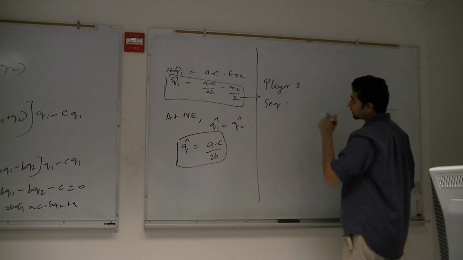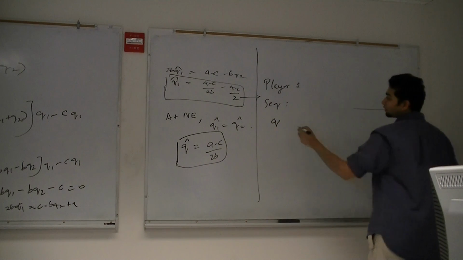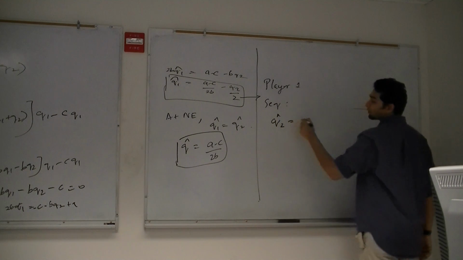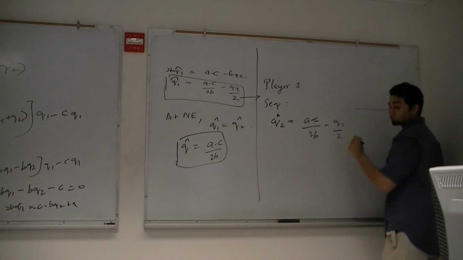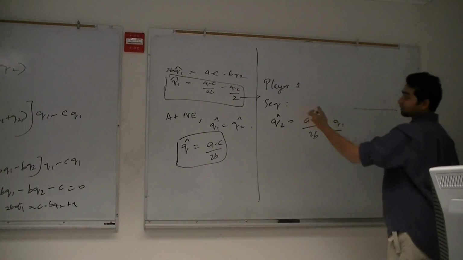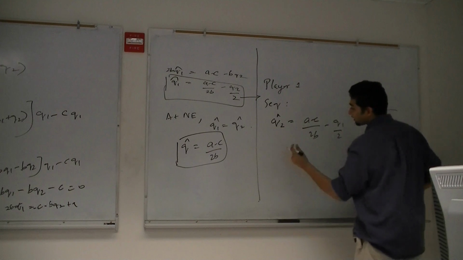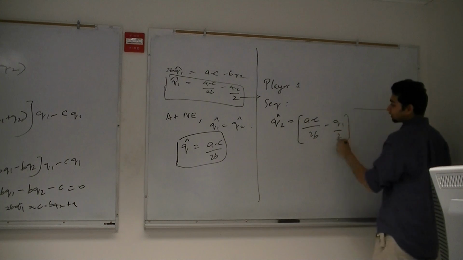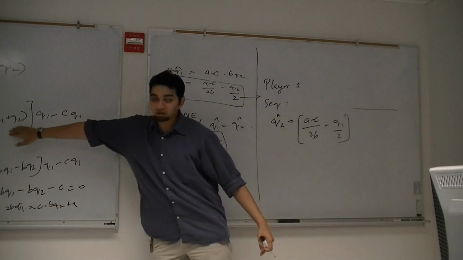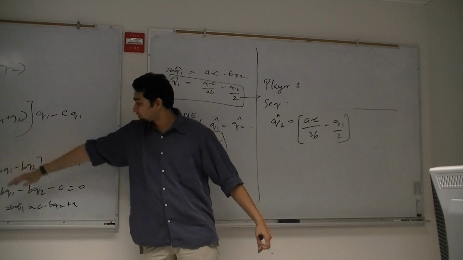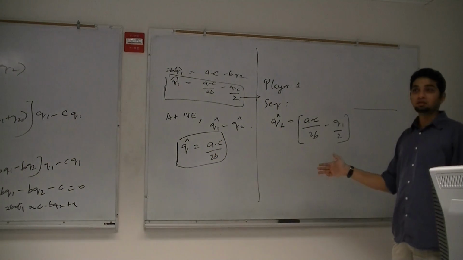So in a sequential game, Q2's optimal value would be (A minus C) over 2B minus Q1 by 2, right? It's the same thing like you were saying, it's symmetric. We take this value to be Q2, plug it into our equation here, and then maximize with respect to Q1 and find the optimal value of Q1.